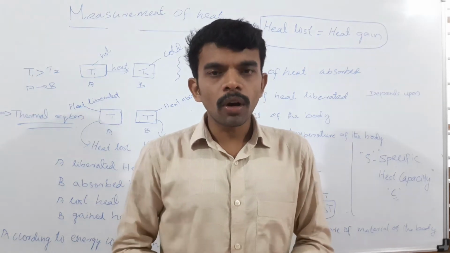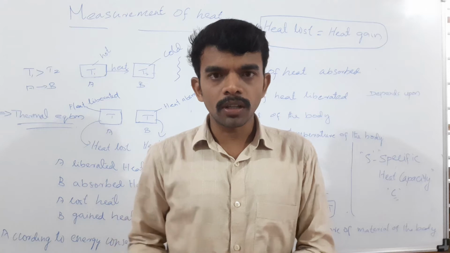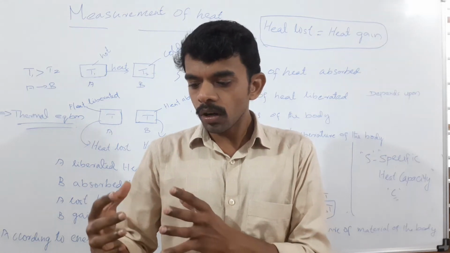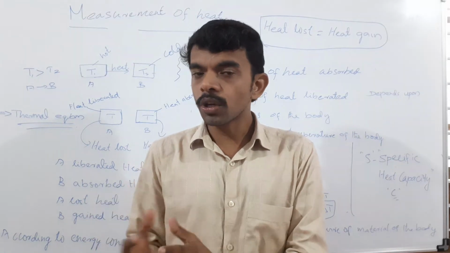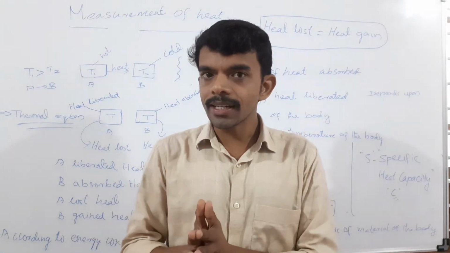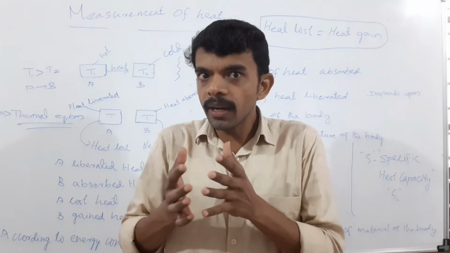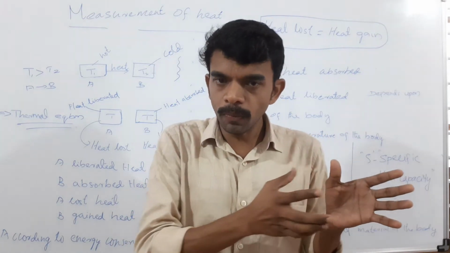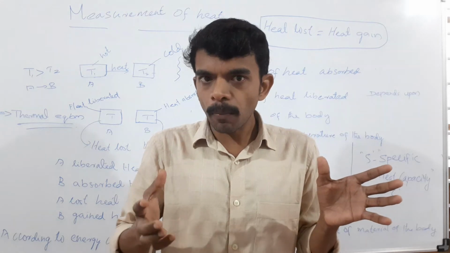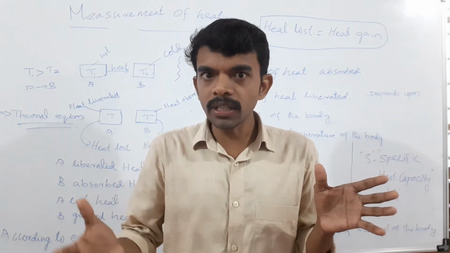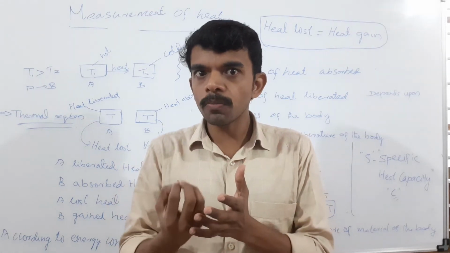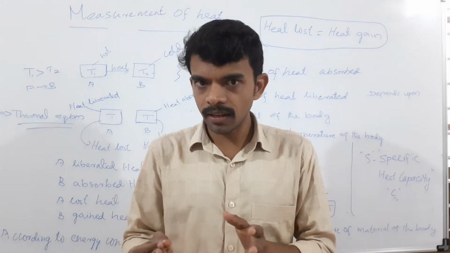To boil the water, we have to give more heat energy to the container having 2 kilograms of water. So the heat absorbed by body A and body B is proportional to the mass, because when mass increases, heat absorption also increases.